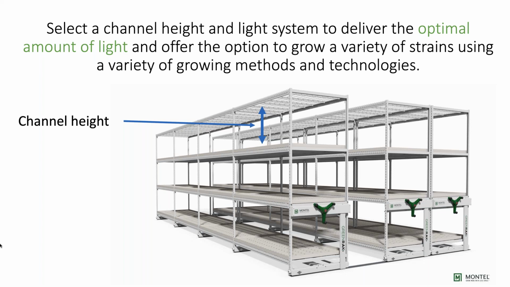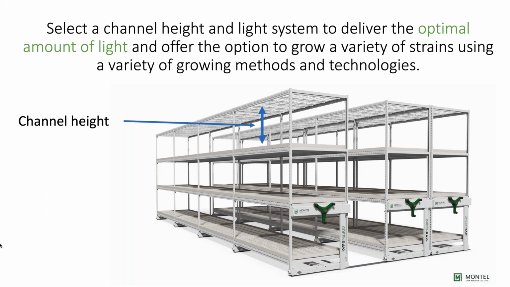And so you want to choose a channel height that accomplishes two things. First, it gives you enough flexibility to make changes, for instance to change your strain, or your growing strategy, or to add, say, a new technology. I can't even imagine what it might be, but it has to fit into that space.